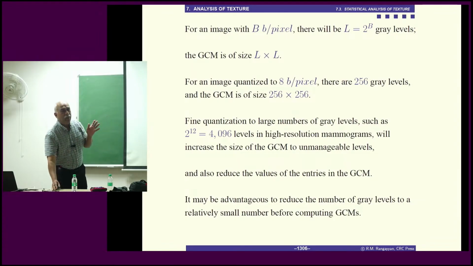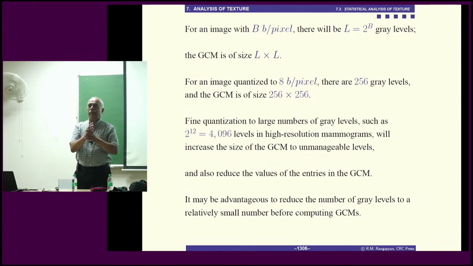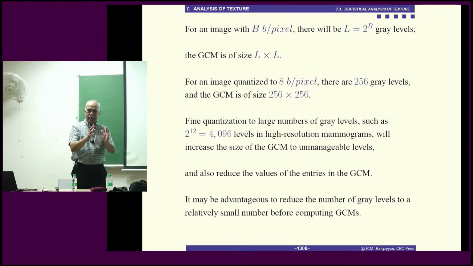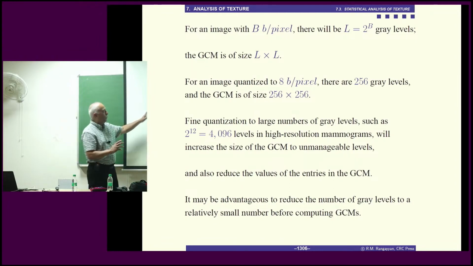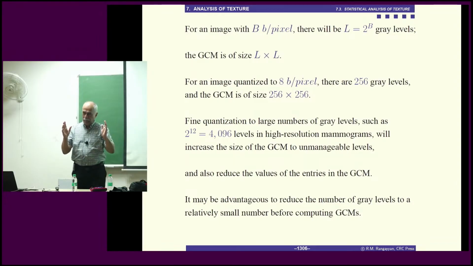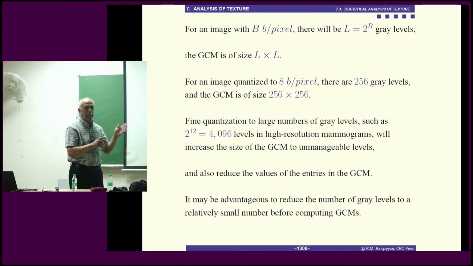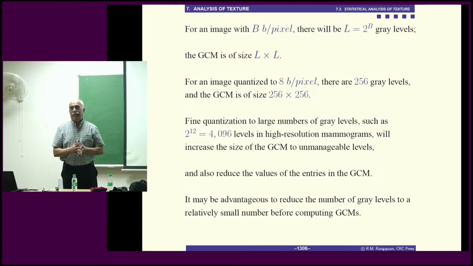But with such fine quantization, you may not find pairs of values. There will be large differences, and you may want to re-quantize such images to a smaller number of gray levels and compute the GCM with a smaller matrix size, re-quantize to maybe 8 bits or even 6 bits. Then you may get better properties free of noise.